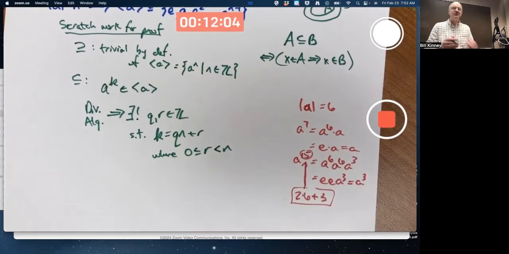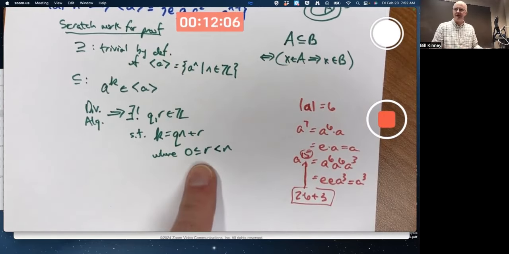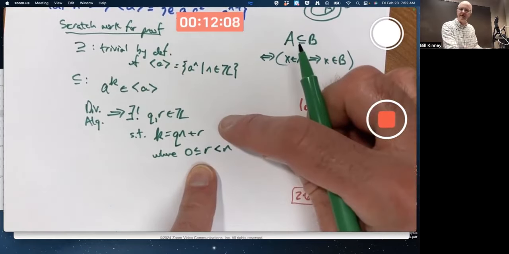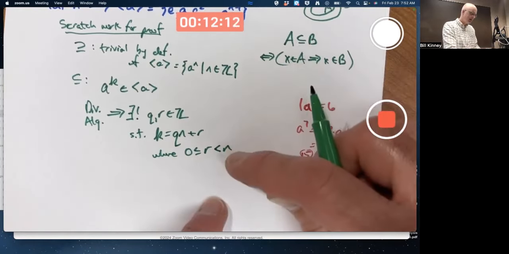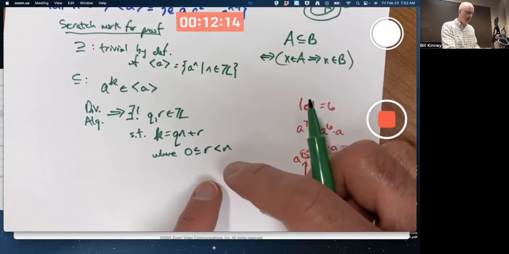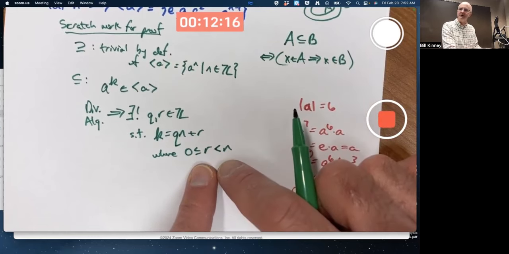The uniqueness is with respect to that condition. You can come up with other equations involving other Q's and other R's where this is true, but there's a unique Q and R that also satisfies this condition.